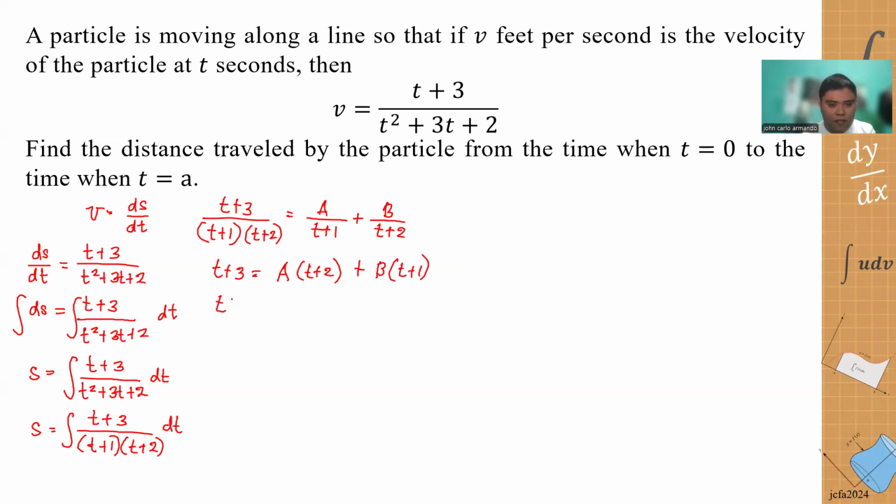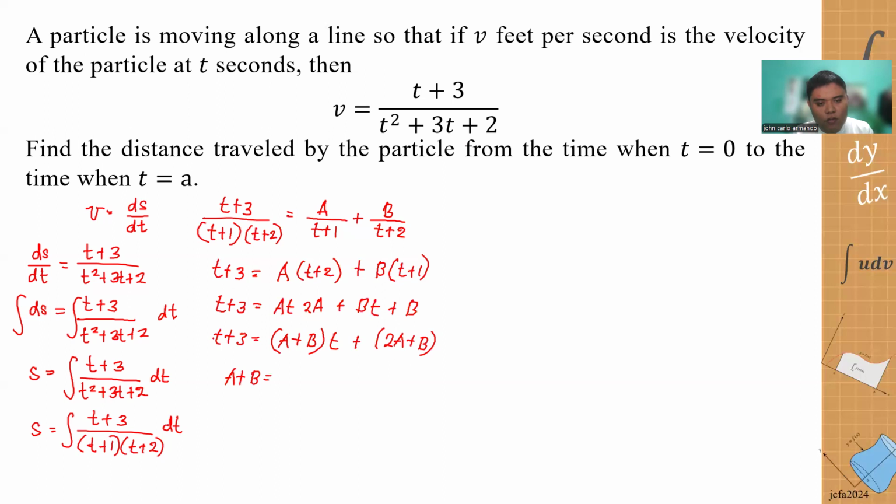And that becomes t plus 3 is equal to At plus 2A plus Bt plus B. So therefore, this can be written as t plus 3 equals A plus B times t plus 2A plus B. Okay? Then we can say that A plus B is equal to the coefficient of t here, which is 1, and 2A plus B is the constant, which is 3.